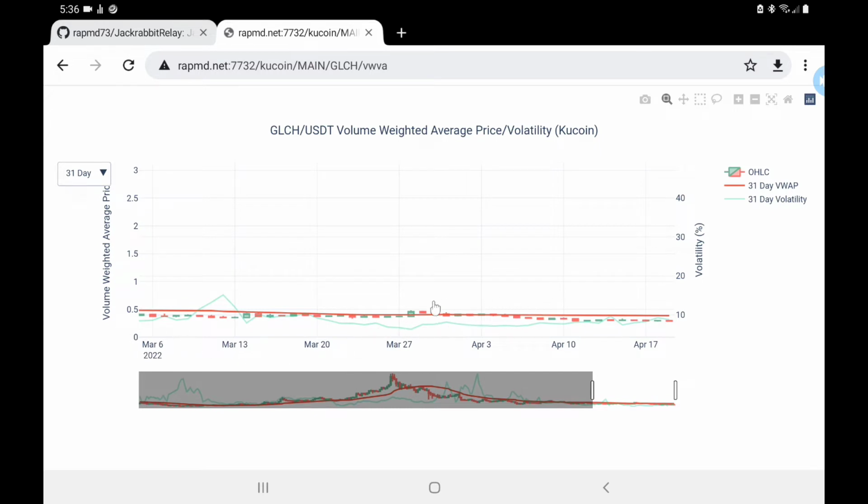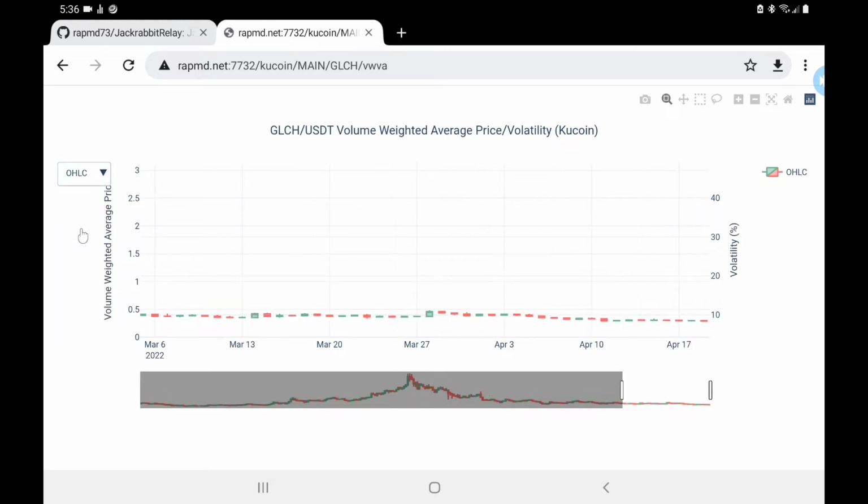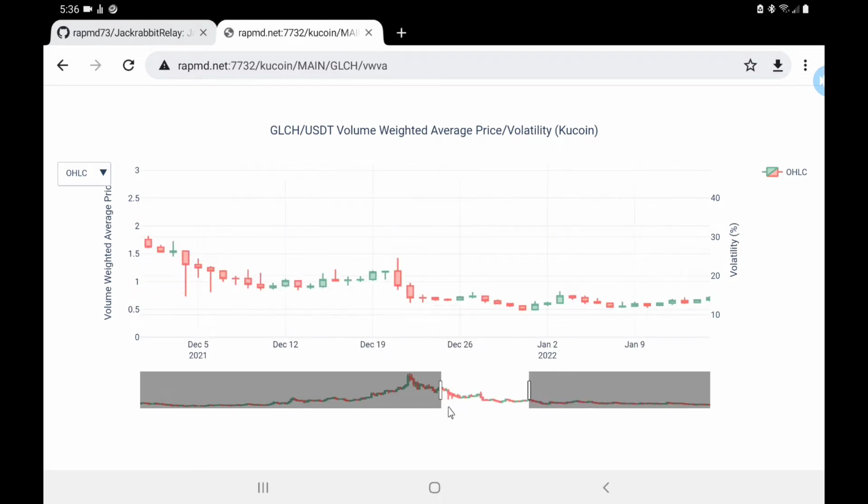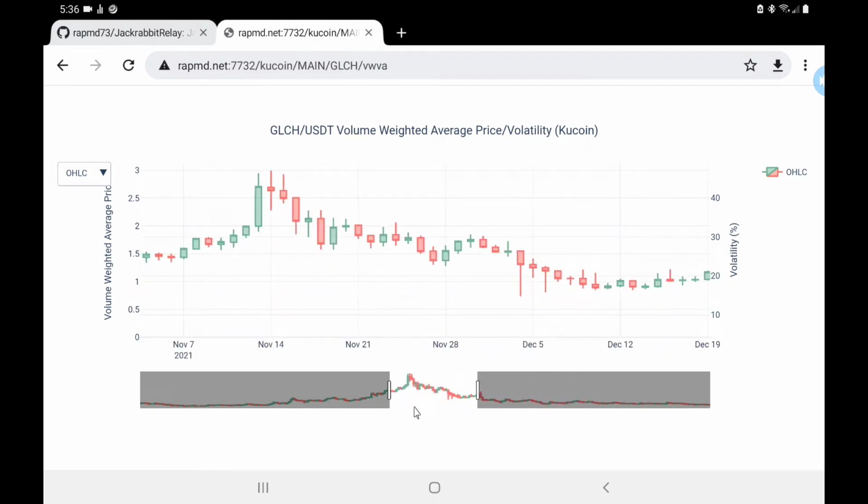Yes, we even have candlesticks. As you can see, it's pretty easy to manipulate. All this is just clicking and dragging, holding the button down.